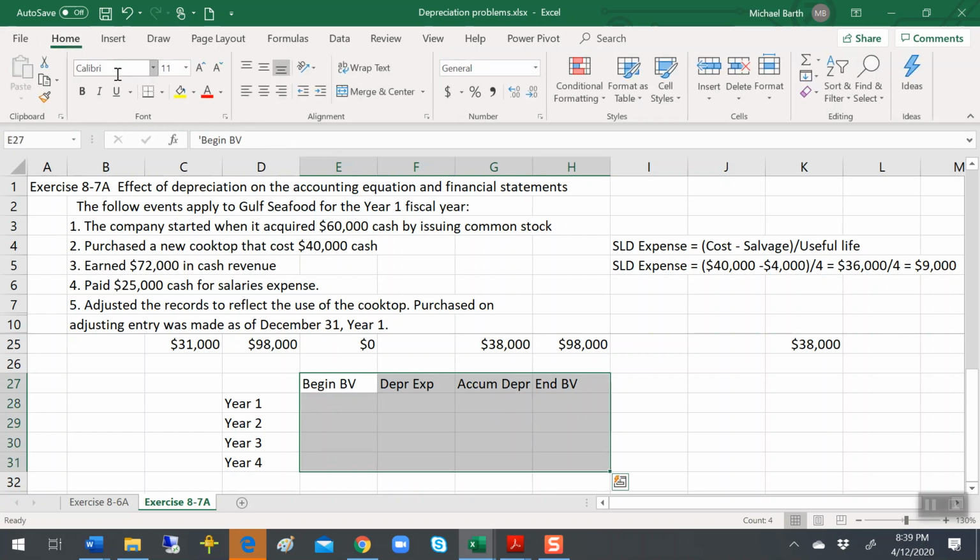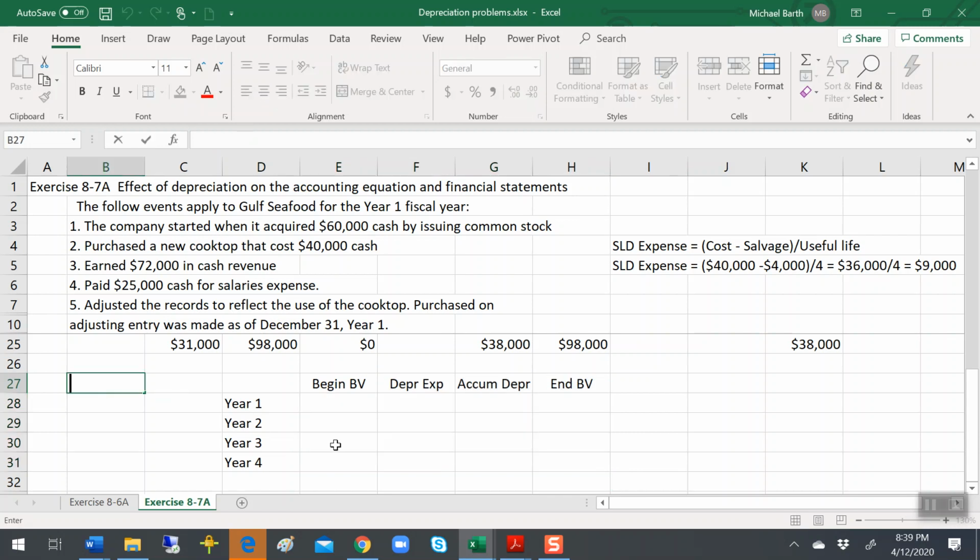All right, this part trips people up a lot. We also got to remember that the ending book value is still going to be the cost minus accumulated depreciation. All right, so we begin the year with a book value of $40,000.